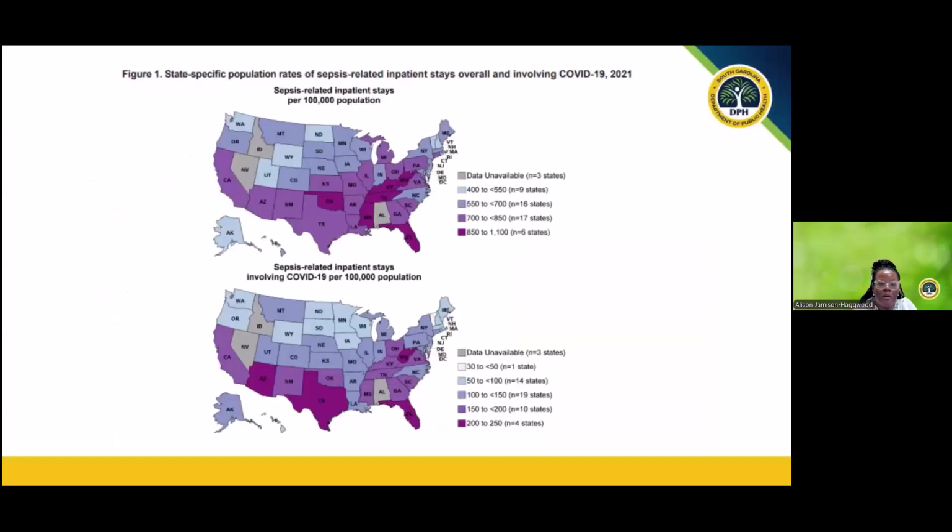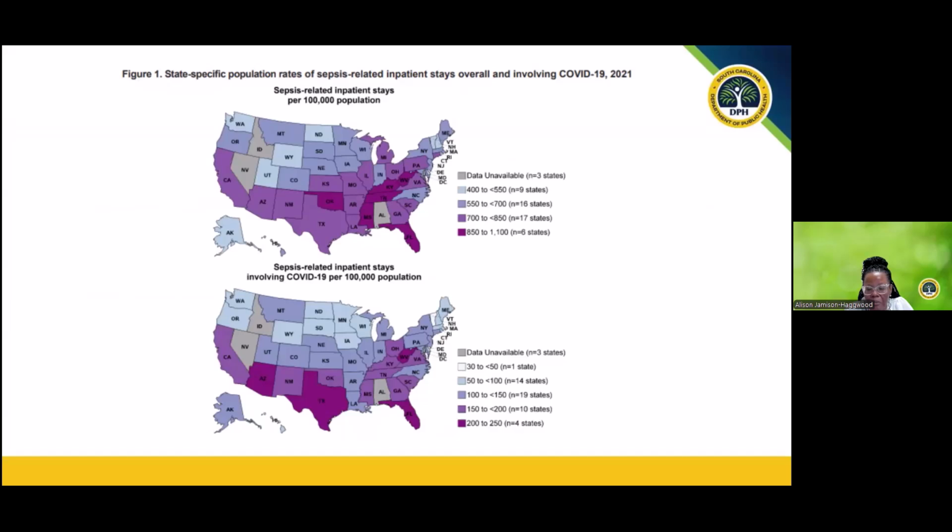So this infographic here just looks at state-specific population rates of sepsis related to inpatient stays overall and involving COVID-19 in 2021.